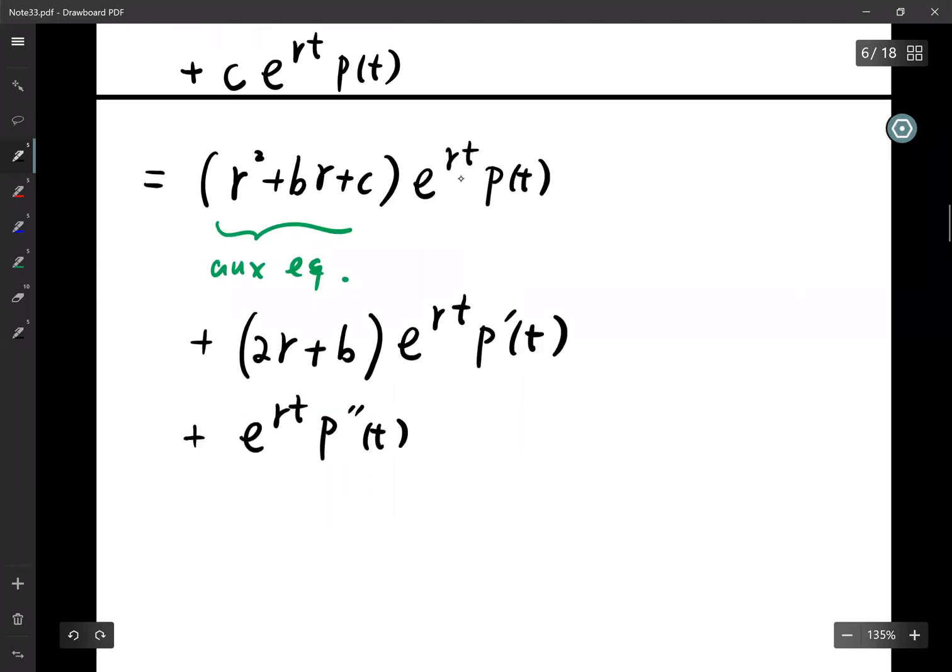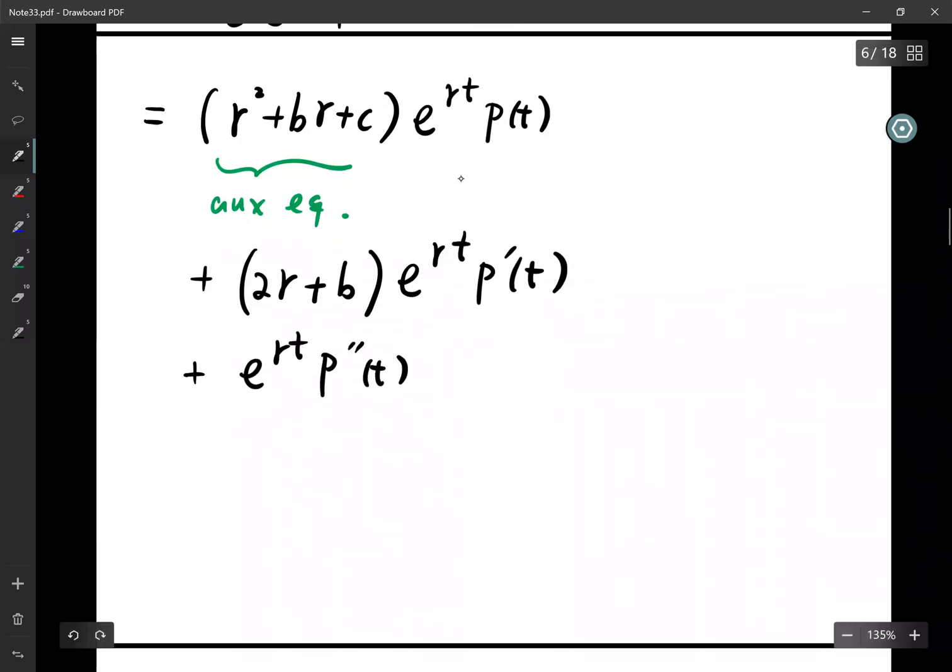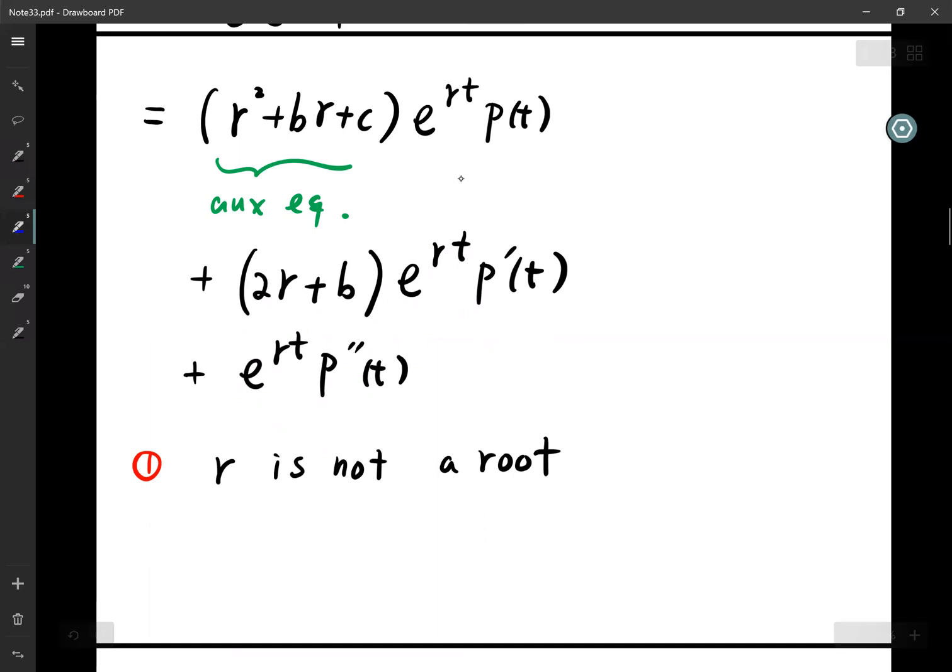So I only have these three cases. Now I just consider one. Case 1, r is not a root. r is not a root means that the leading term, r squared plus br plus c, should not be 0.